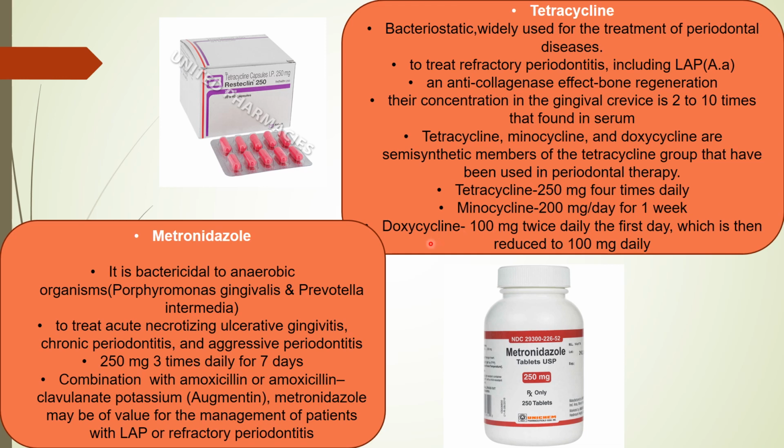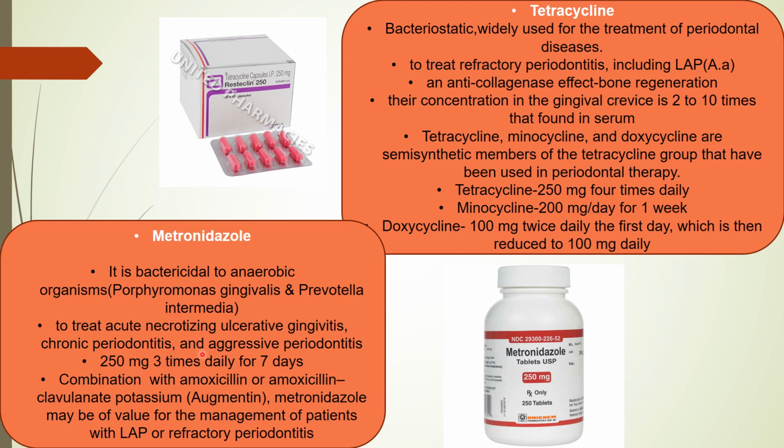Then coming to metronidazole, it is bactericidal to anaerobic microorganisms, especially Porphyromonas gingivalis and Prevotella intermedia. It is used to treat chronic periodontitis and aggressive periodontitis by disrupting bacterial DNA synthesis in conditions with a low reduction potential.